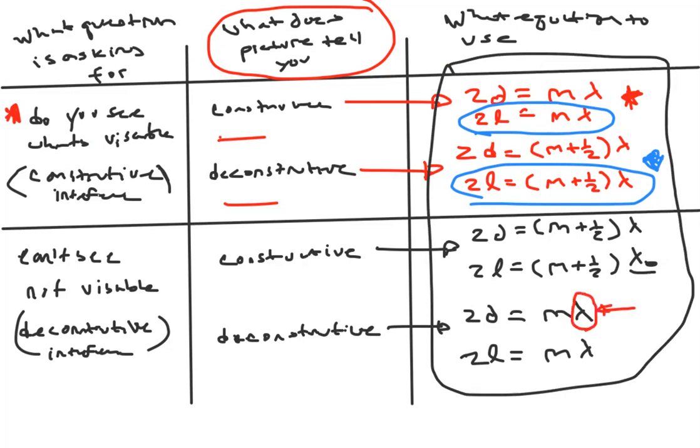But remember, this lambda you might have to turn into lambda naught over n prime. Okay, does that make sense what I'm saying? So this chart is everything, and if you can't use it, it's going to be tough, okay? Because this is what's going to get you the answers on the test.